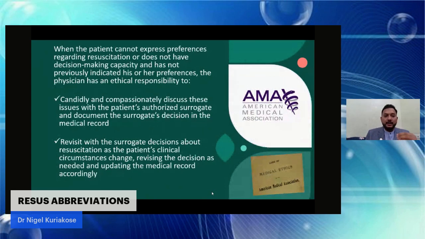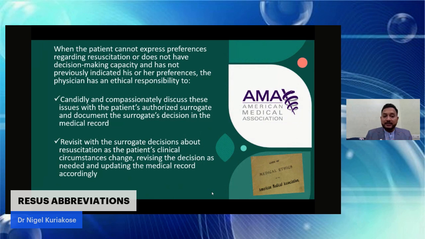Now, when the patient cannot express preferences regarding resuscitation or does not have decision-making capacity and has not previously indicated his or her preferences, the physician has an ethical responsibility. Now, what responsibilities does the physician have in such circumstances?